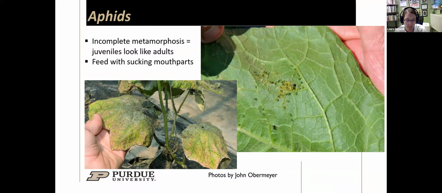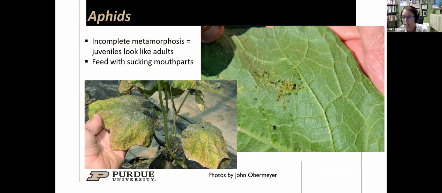Aphids are a problem usually when growers are spraying other insecticides for beetles or squash bugs, or when the weather conditions are right. So if we've had a hot and dry summer, aphids can become a problem. Sometimes they transmit diseases in these crops.